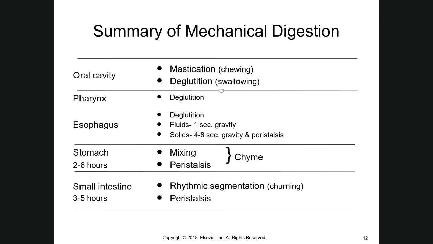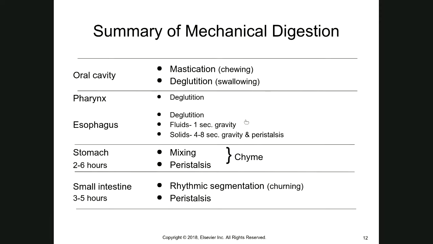So in the pharynx, typically the oropharynx and laryngopharynx, you've got deglutition. When you swallow, it goes down your pharynx into the esophagus. Remember we said that fluids tend to pass in about 1 second, primarily by gravity. Solids pass in 4 to 8 seconds, typically by gravity and peristalsis.